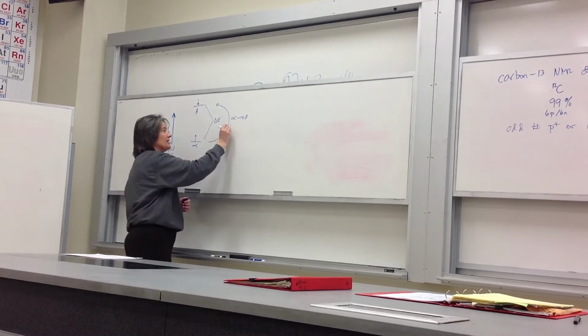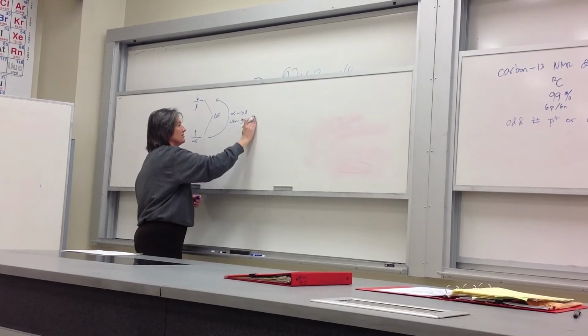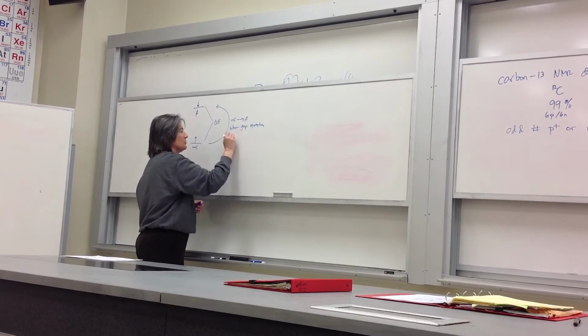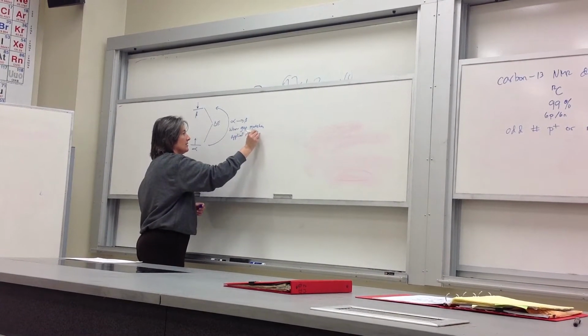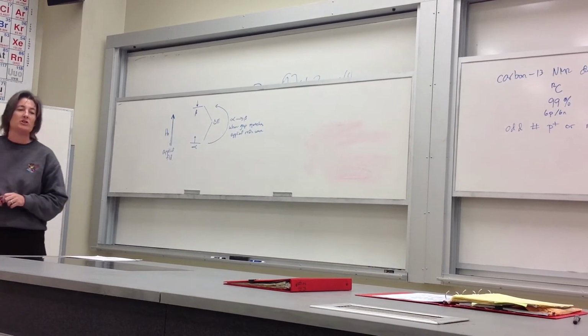So alpha goes to beta when the gap matches the applied radio wave. Remember that discussion? Sort of vaguely? Okay. So you get a spin flip, and that's what you're measuring.